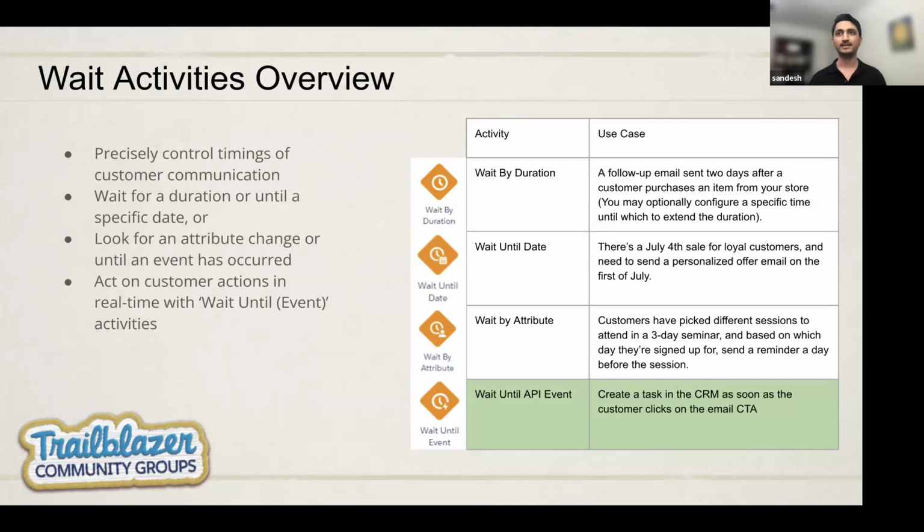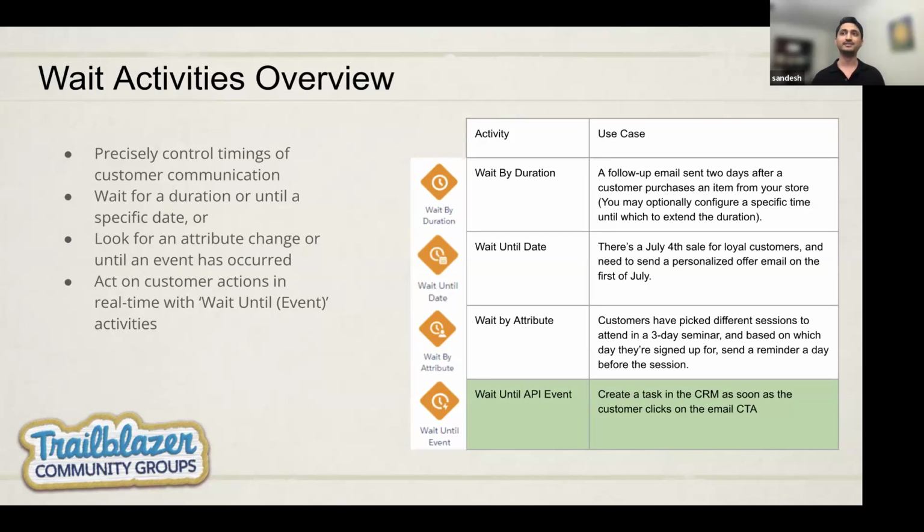Whereas if you use something like wait until chat message, you need to have a chat message before that activity. And it restricts your ability to wait for events because you can only wait for the chat messages, right? You can't wait for landing page loads or anything like that.